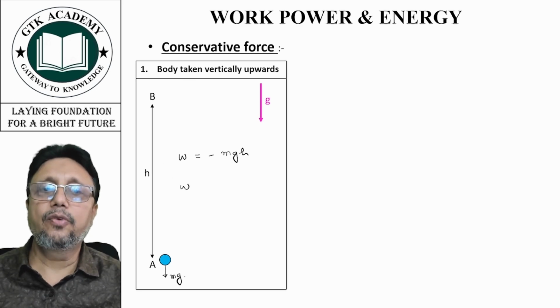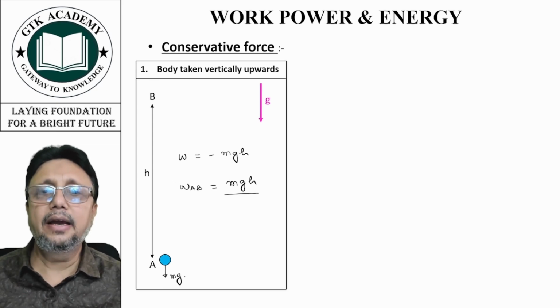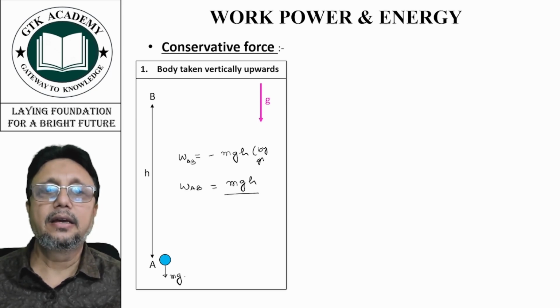But we take the work from A to B done by us. So that will be plus mgh, because that will be work done against the force, that is, work done against gravity.